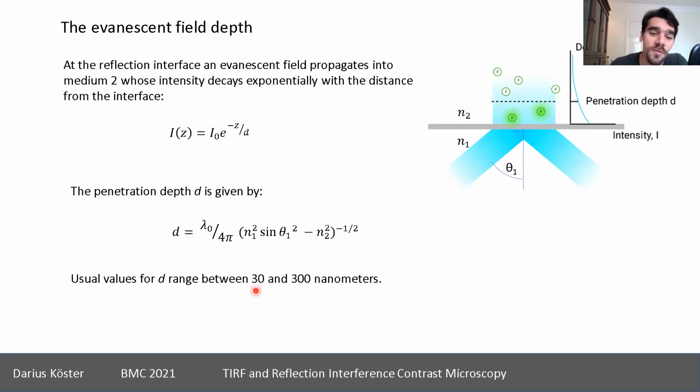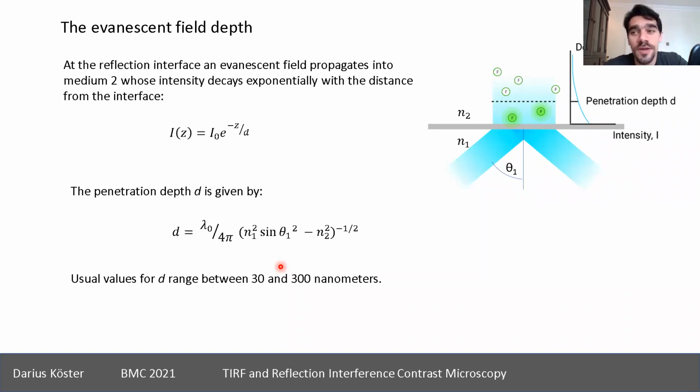We can limit our optical section far below what is possible with confocal microscopy, for example. Of course, with the limitation that we can only do it at the surface; we cannot see anything else in the cell. But at the surface, we are very sensitive and we can slice down to a very narrow area where we detect any molecules. So this is about the light intensity.